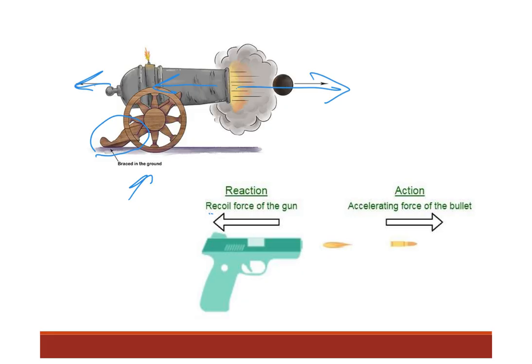That's why we have a recoil on a gun, be it a handgun or a rifle. Again, the action force of the explosion pushing the bullets forward is going to then push the gun backwards. So action-reaction forces are equal in force size, opposite in direction, and the effect on the object is going to depend on the mass.